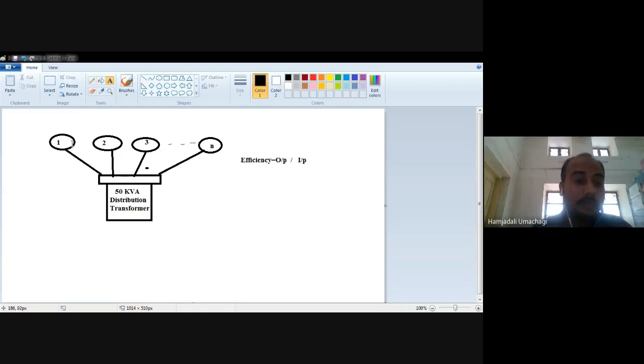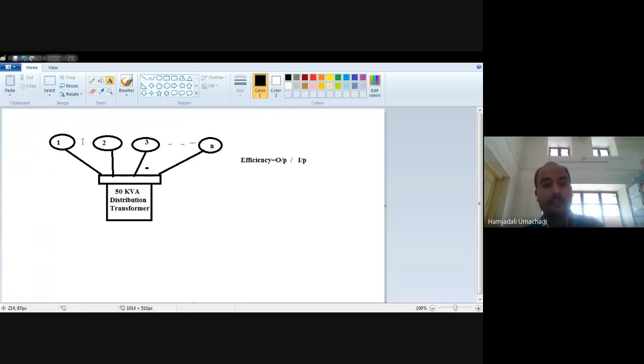So if I take efficiency equal to output by input, this is not going to measure the true efficiency of the transformer. This type of efficiency is not a true efficiency. I can express it only in terms of output by input in kilowatts, but the kilowatt information is not going to remain constant across these consumers, because all consumers use the power supply for different intervals of time.